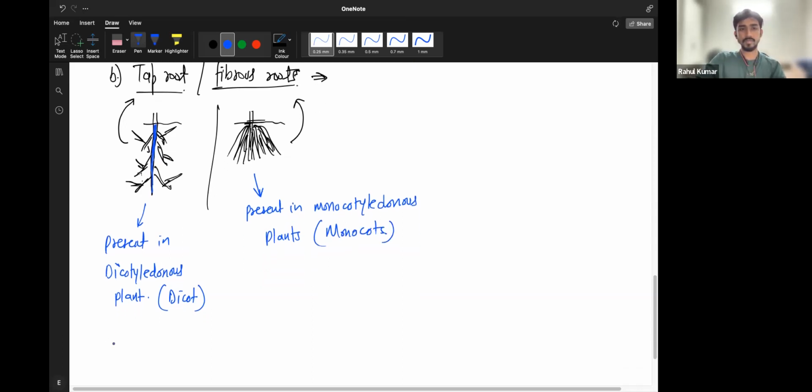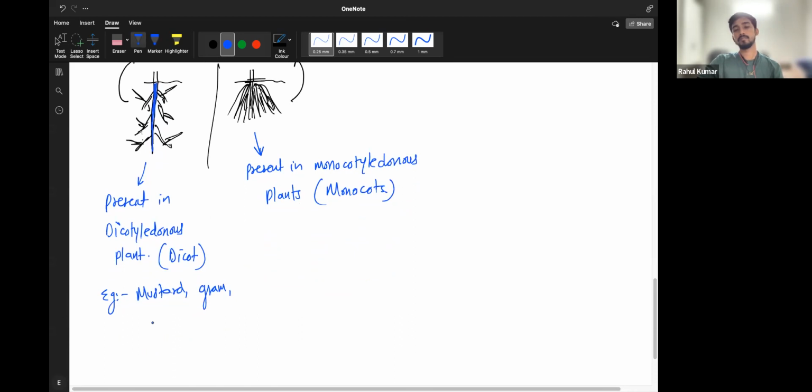Now, to give some examples, you can write here mustard, gram, and pulses.